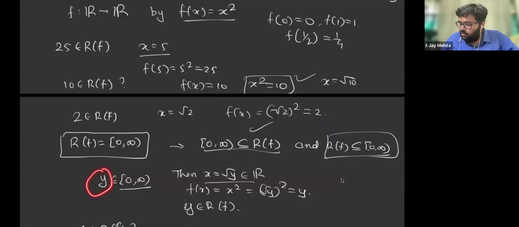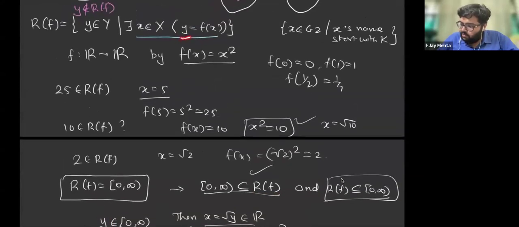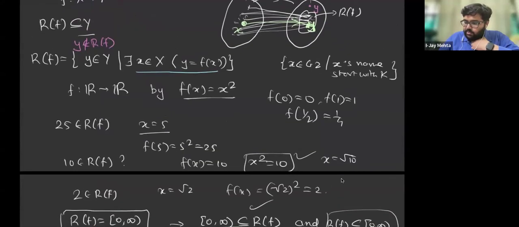But I'm using y because I know that range of f is a subset of y, so I'm using notation y. Otherwise, when we want to show a equals b, we show that a is subset of b: x in a, then x is in b, and then b subset of a: if x is in b, then x is in a. But I'm not using x notation. I'm using y. So sometimes when we use such appropriate notation, our mind quickly reads. So that's why I use y.